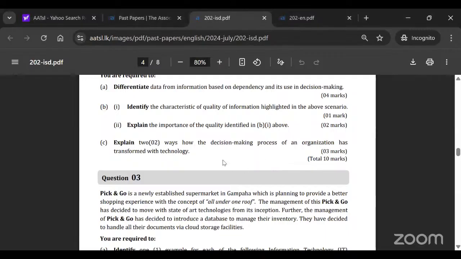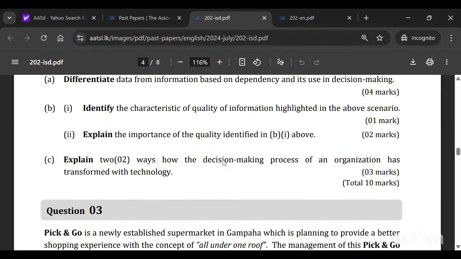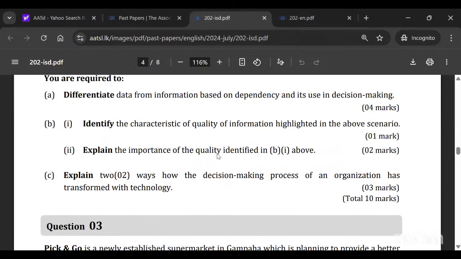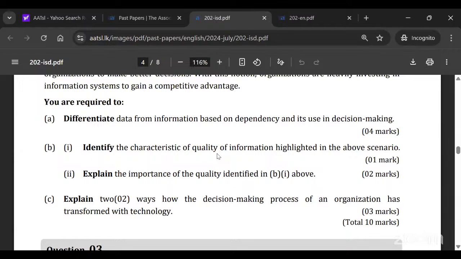Explain the importance of the quality identified in B. Identify the characteristic of quality of information highlighted in the above scenario. What are the qualities of information? Quality information means there are different characteristics.